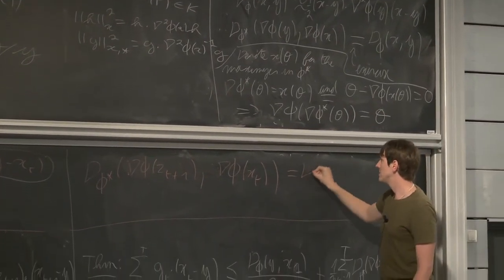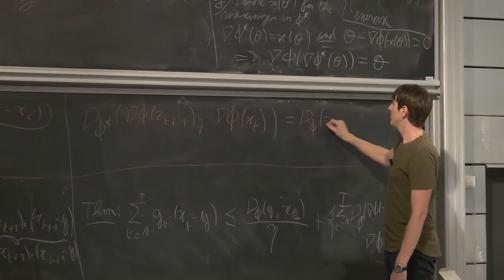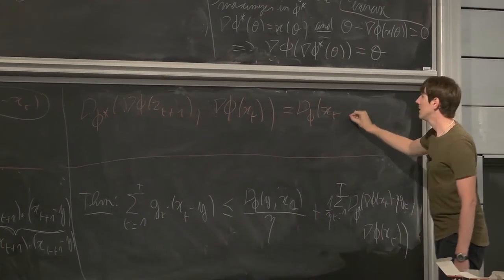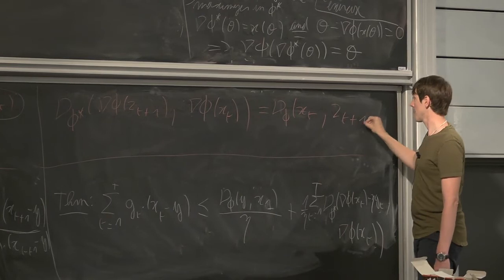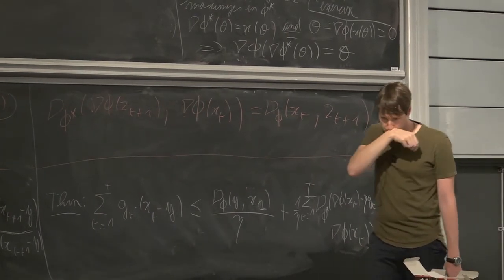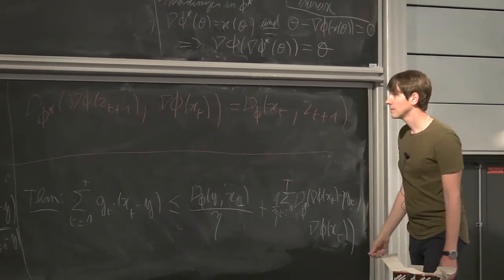So what is this? This is D phi between xt and zt plus 1. Right?